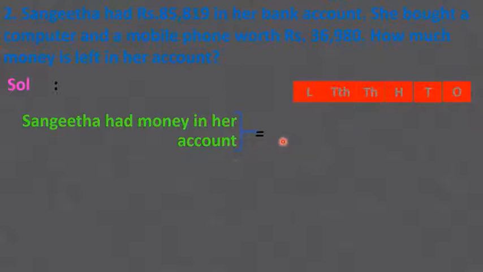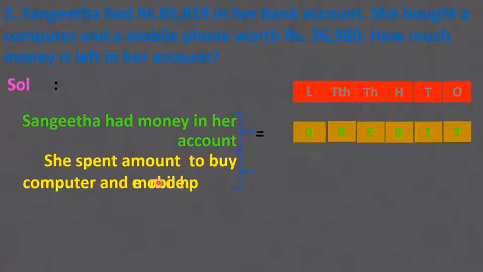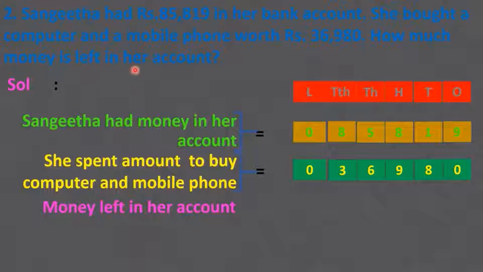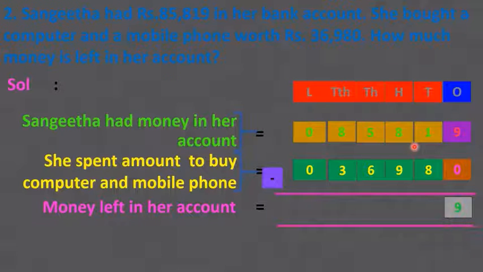Sangeeta had is equal to 85,819 rupees. Next, how much did she spend? She spent an amount to buy the computer and mobile phone equal to 36,980. Now, money left in her account, as in the question, is equal to subtraction. So, 9 minus 0, 9. Now, tens place.